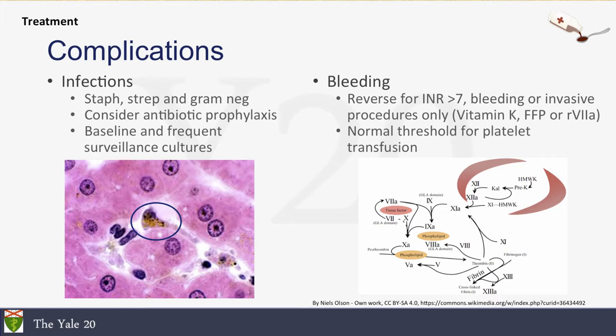INR is the most sensitive predictor of liver failure, and the temptation to correct coagulopathy should be resisted. If reversal is indicated, we use vitamin K, FFP, and recombinant activated factor 7A. In terms of the thrombocytopenia, we stick to normal platelet transfusion thresholds.